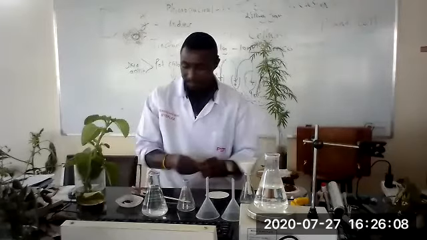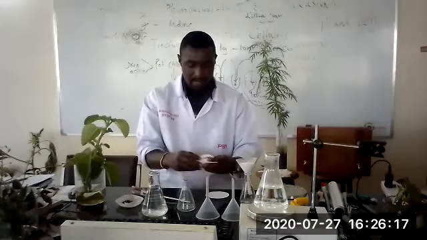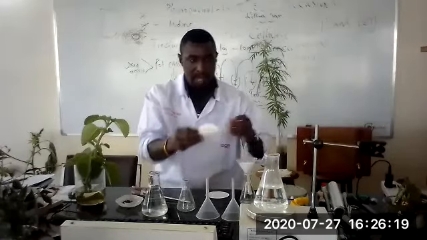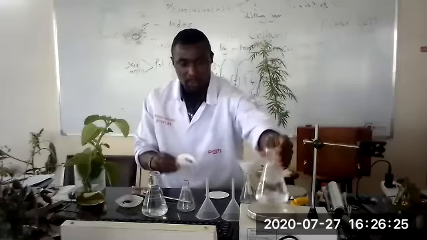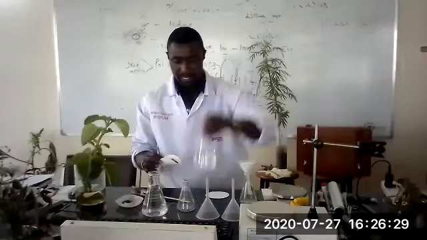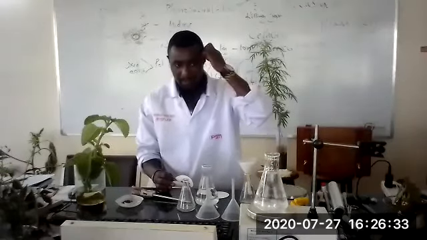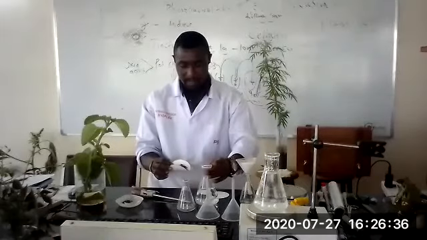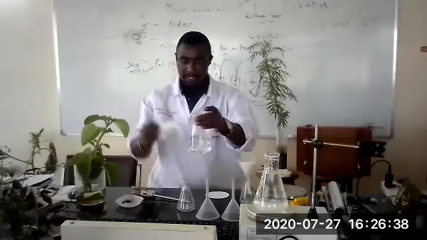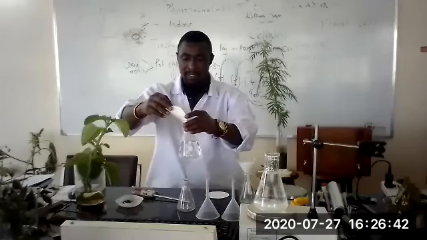Then I will add it here. But I still want to ensure that, no, it's okay. Let this one continue boiling over there. I will now add this powder inside the boiling water.